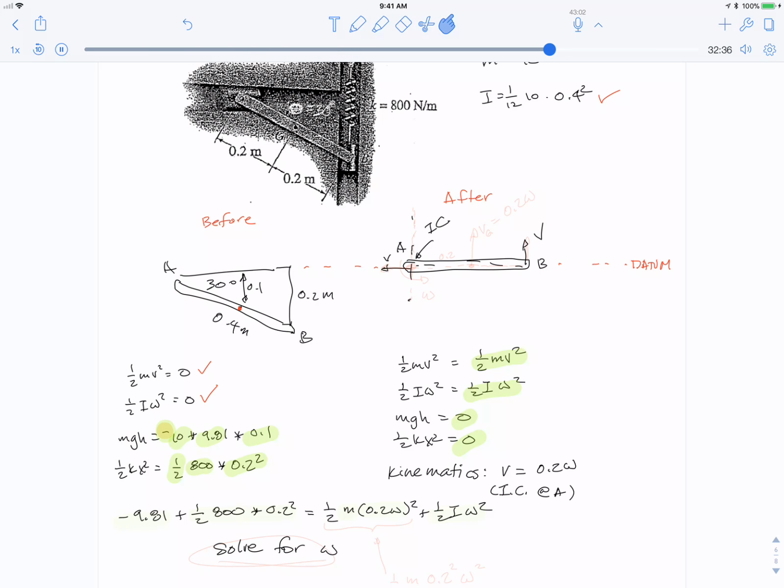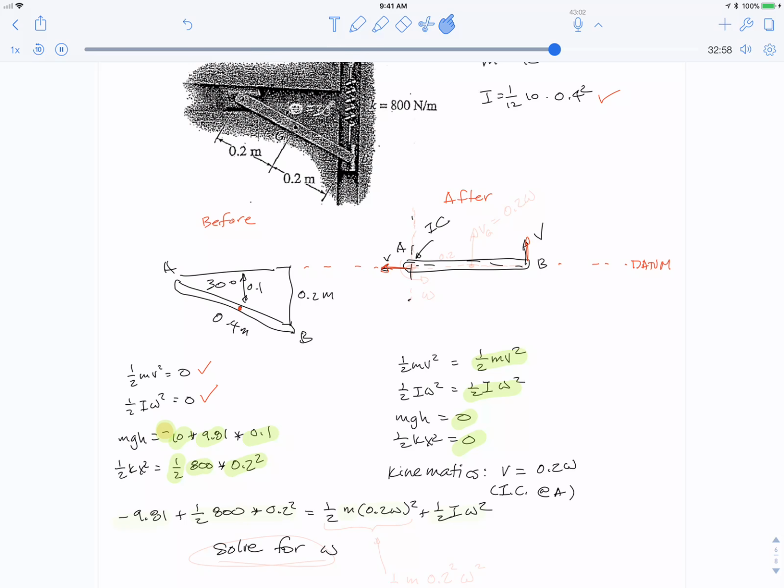And so to do the kinematics, we need to look at the instantaneous center. So here is the rod when it's horizontal, and B is going up because it's in a slot, and A is going horizontal because it's in its slot.